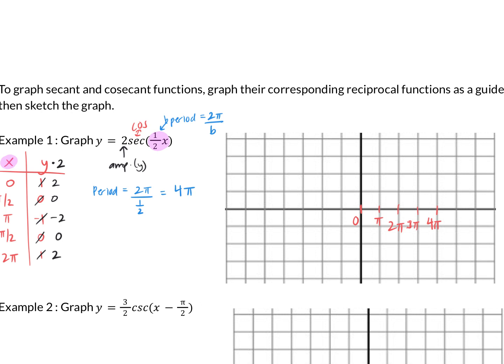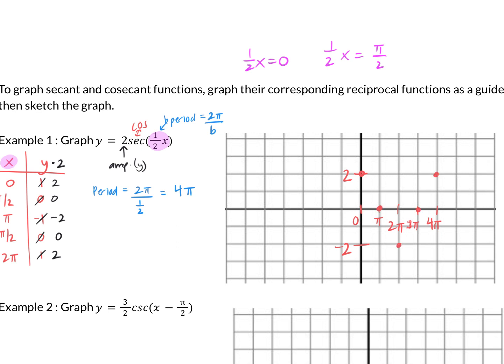Again, if you wanted to solve all of those, you can set your 1/2 x equal to all of your x values. So start with 0 and then go to pi over 2, and you're going to get all of the same values here that I wrote in red. Okay, and then I can just go ahead and plot my y values on there as well. So we're going to go up to a maximum of 2 and then a minimum of -2. So I'm going to plot my points.